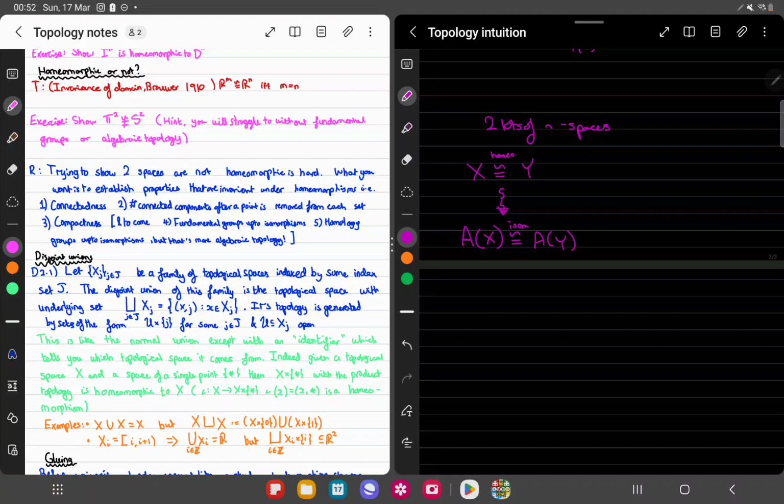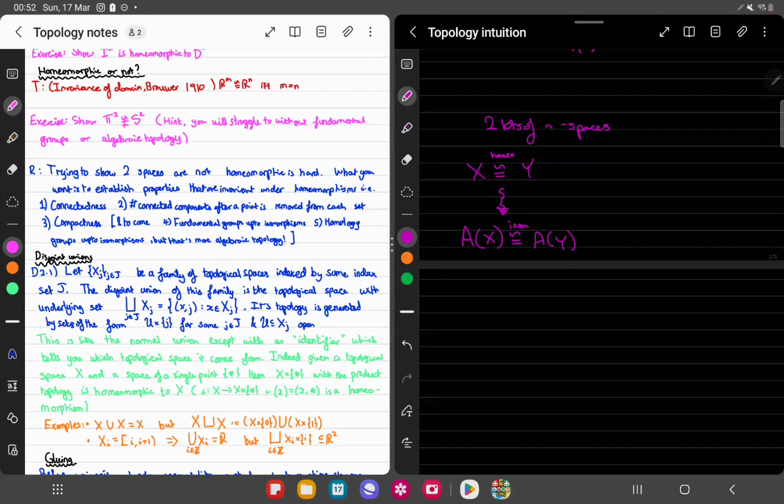So yes, there is a homeomorphism between a coffee mug and a donut, or at least its surface. But it's a bit tricky to write it down. You just have to think about it a little bit. You can squish one into the other, and the idea of a homeomorphism is exactly that property.